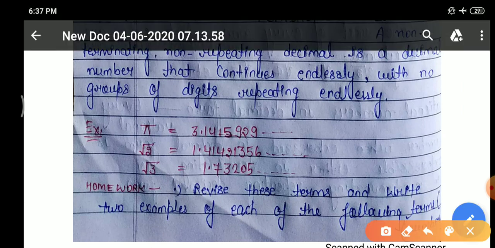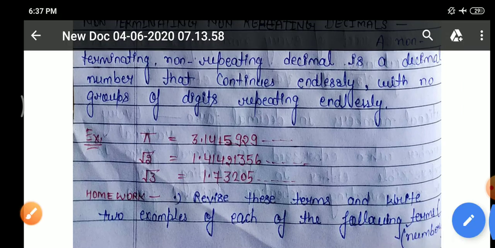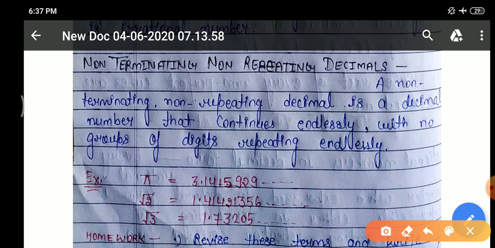What is a non-terminating, non-repeating decimal number? A non-terminating, non-repeating decimal is a decimal number that continues endlessly with no group of digits repeating. Here the digits after the decimal are not common.